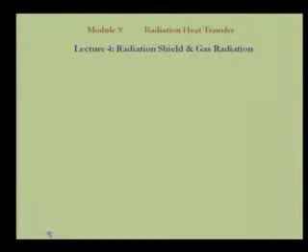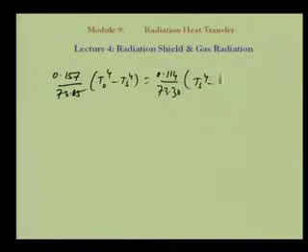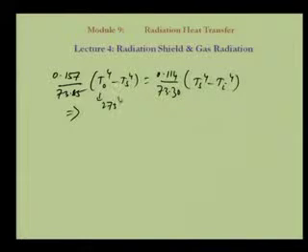So, once we know these values, putting those there, we get 0.157 by 73.85 into (TO to the power 4 minus TS to the power 4) is equal to 0.114 by 73.30 into (TS to the power 4 minus TI to the power 4), where TO is 273 to the power 4, and TI is 83 to the power 4.